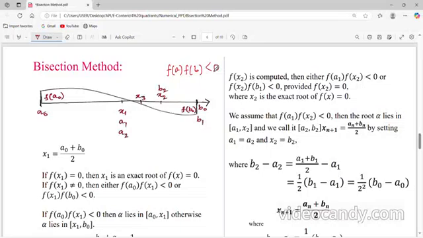It is known as the half-interval or Bolzano method. This method is nothing but a repetitive application of the above theorem.